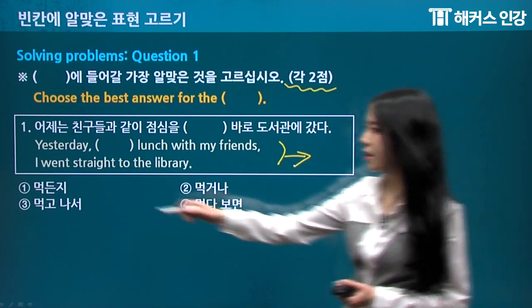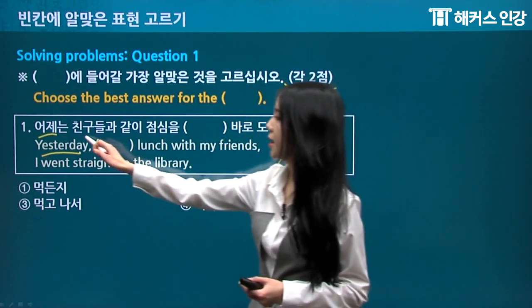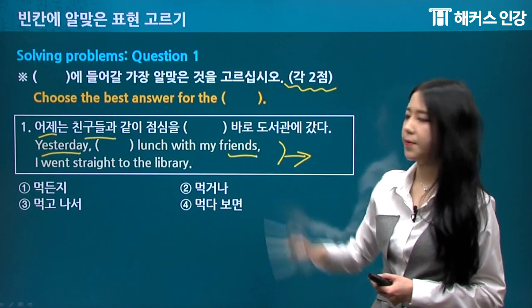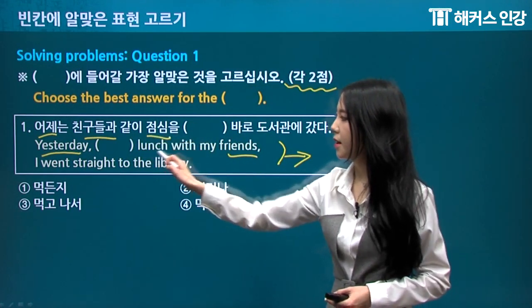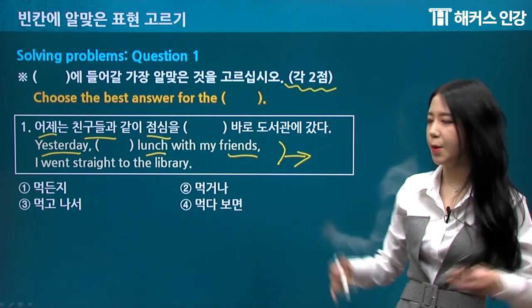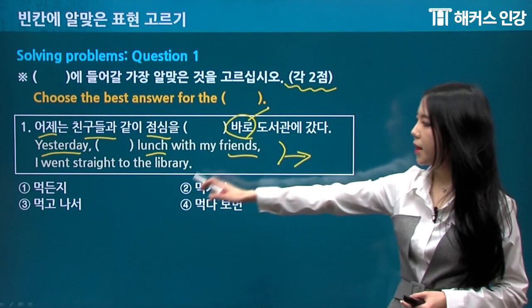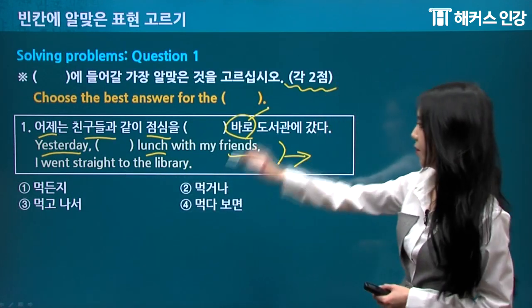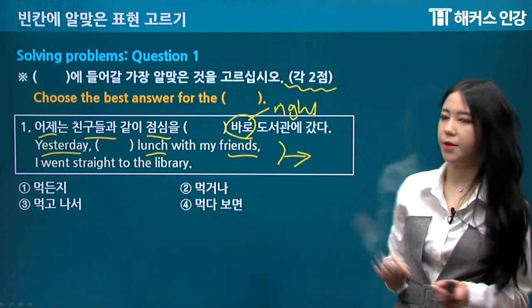Let's translate it. 어제는, 어제 is yesterday. 친구들 is friends. 같이, together. 점심 is what? Lunch. Then blank is what we're looking for. 바로 is right, or in this case, straight to. Right? I went right, or right after.